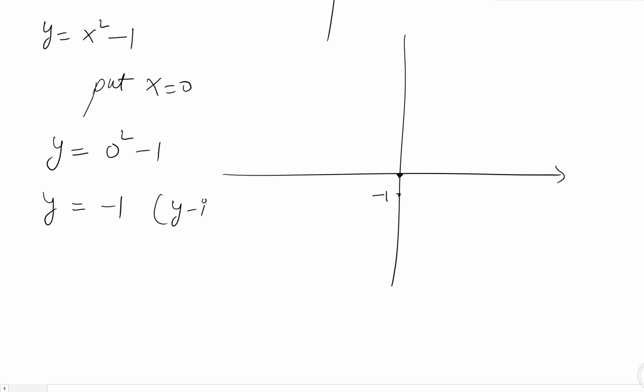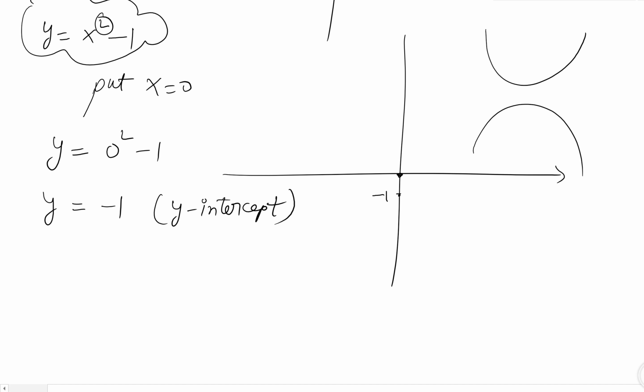The y-intercept of the parabola. Now this is a parabola. How do you know that this is a parabola? Because the maximum power is 2. Whenever the maximum power is 2, in any equation, power 2 is going to give you a parabola, and parabolas look like that. So your parabola is going up and passing through this point.